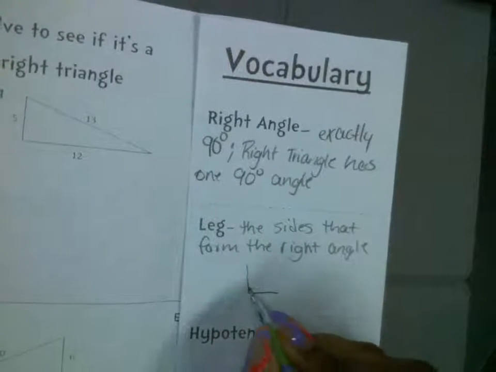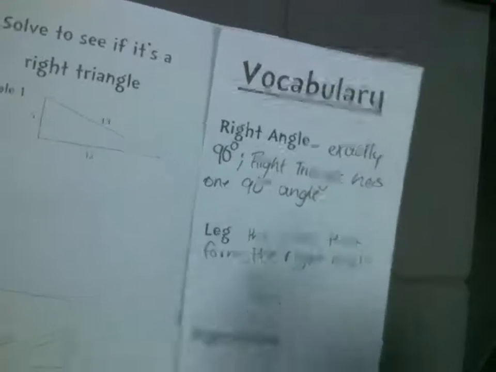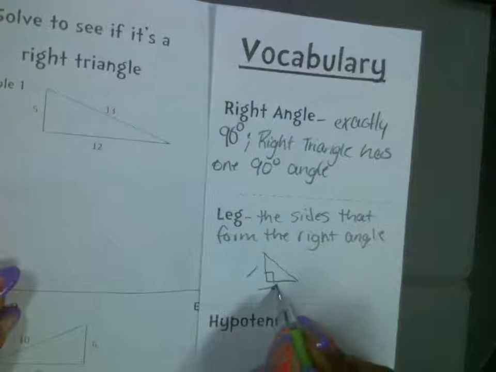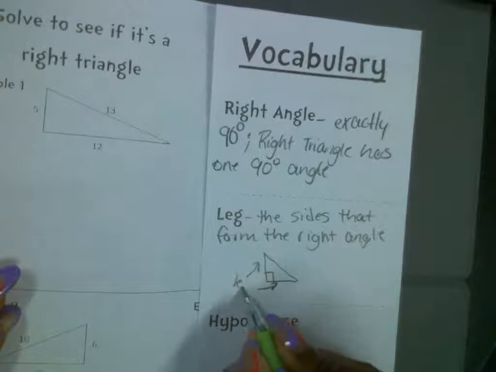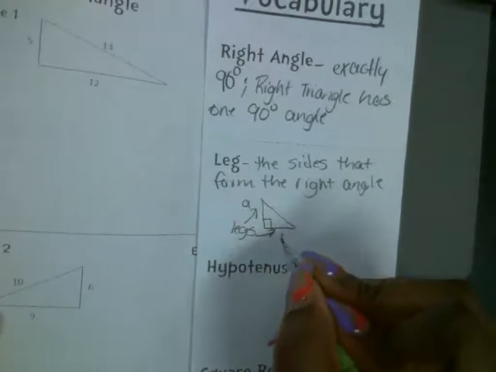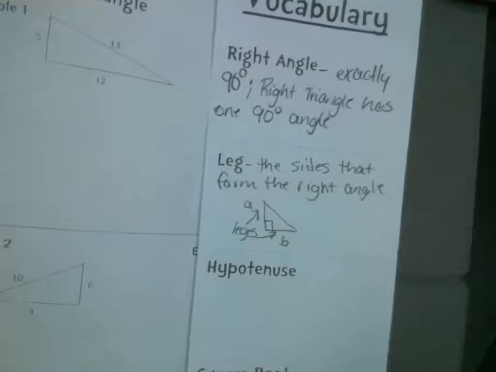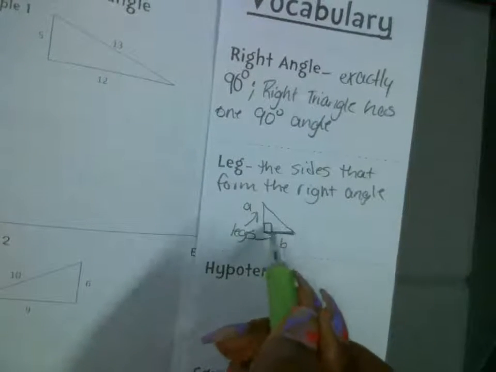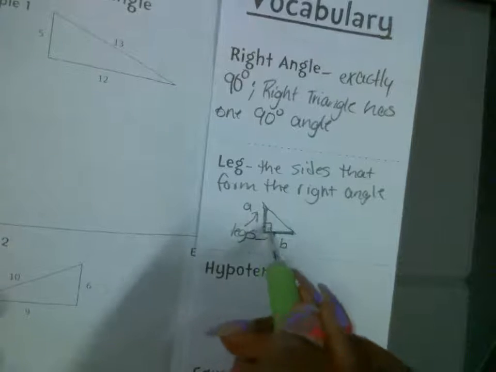This is the right angle here of a triangle. It's these two sides right here. These two sides are legs. That's your A and your B. This is your A, this is your B. Your A and your B are the legs. It's the sides that form the right angle. This side and this side. Those are called your legs.